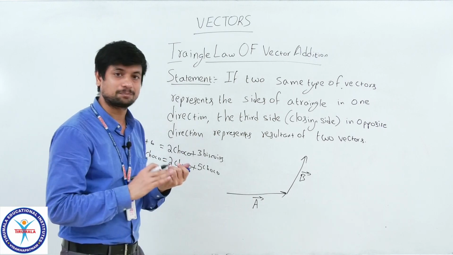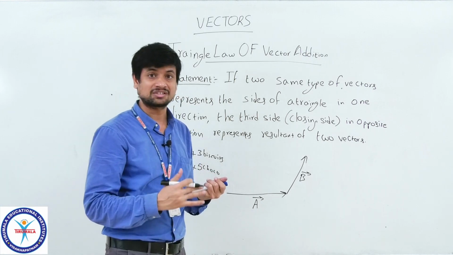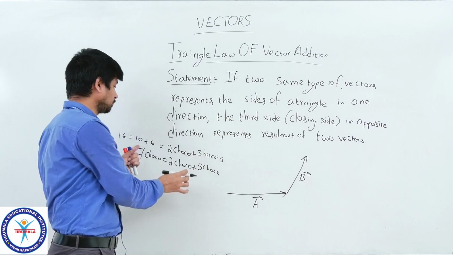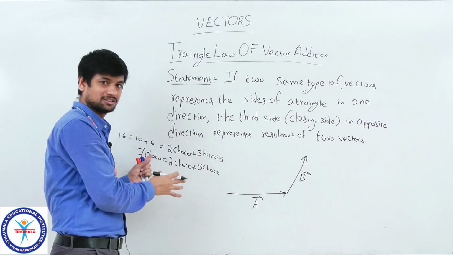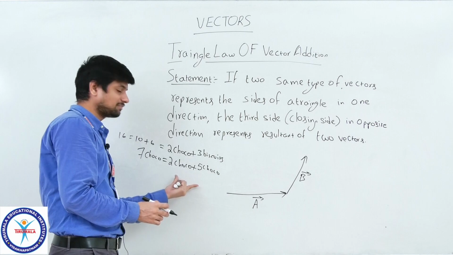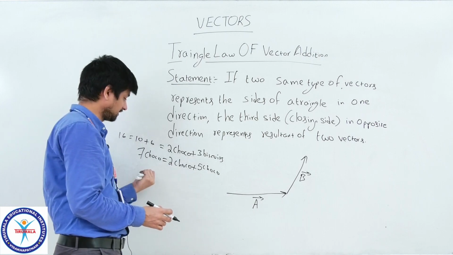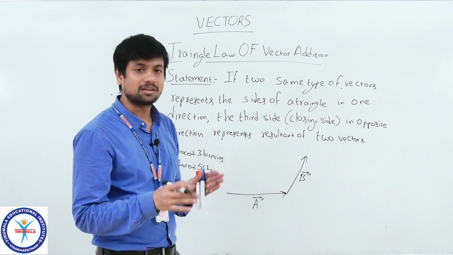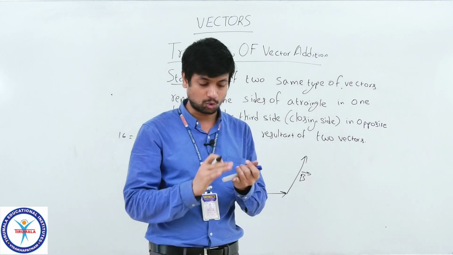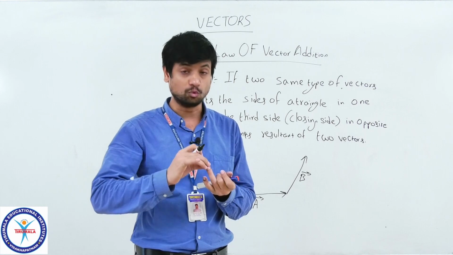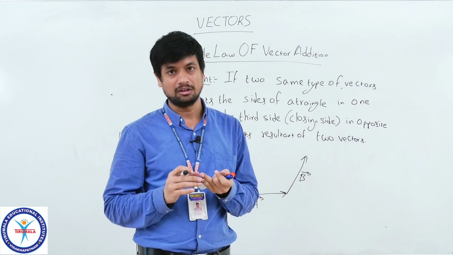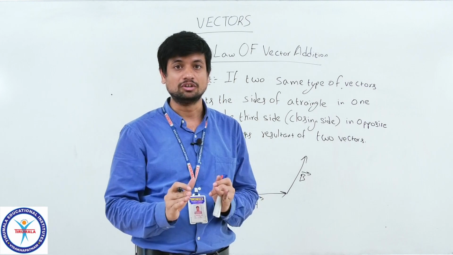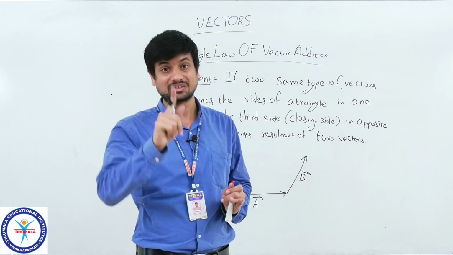I cannot change displacement into velocity or acceleration. Look at what I changed here: chocolate into price, biscuits into price, meaning money. Only the same type of physical quantities can be added in this way. So, in vector mathematics, if you want to add or subtract, the physical quantities involved in that operation should be of the same type.